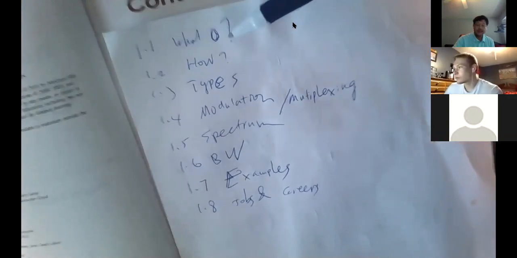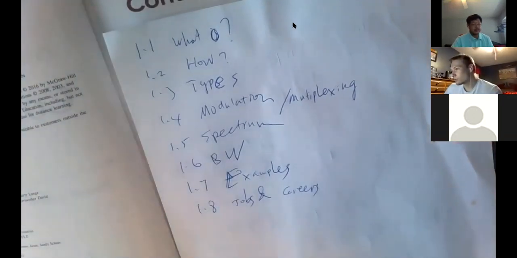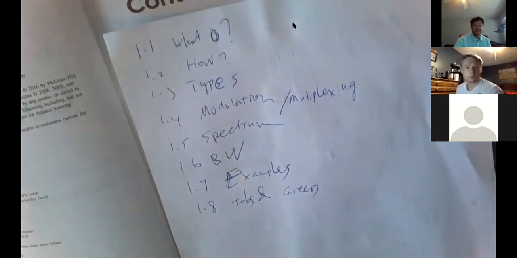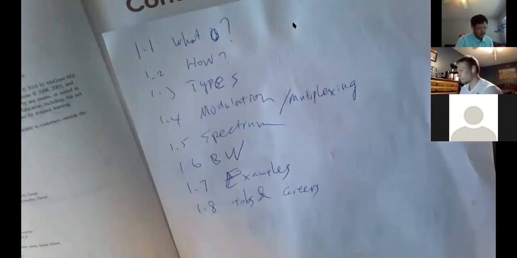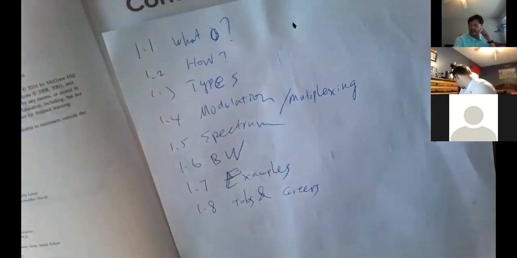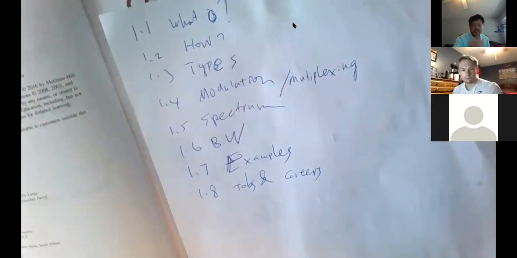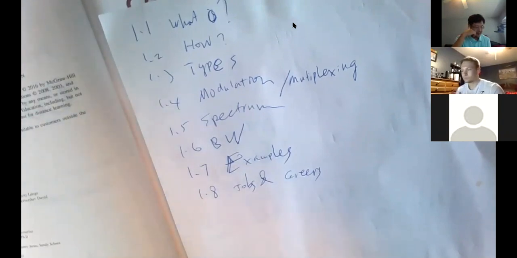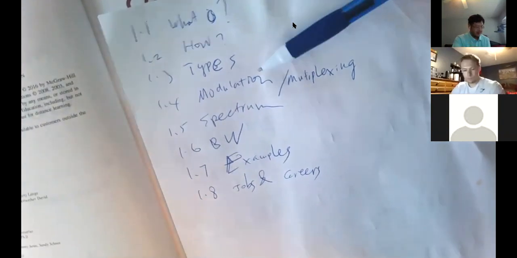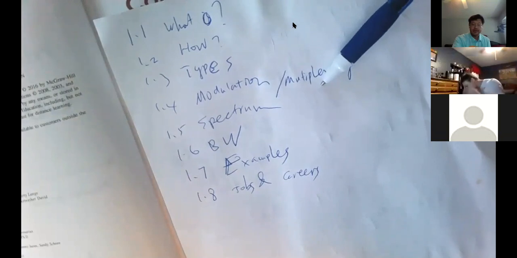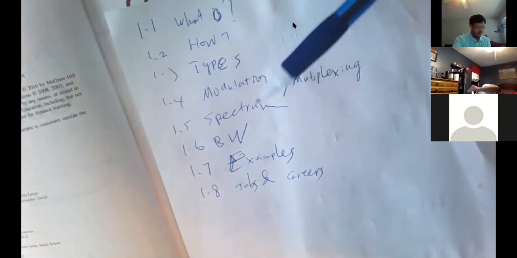First topic is what are we going to cover? What material? Second will be how do we do it? The technology. Third is, again, different types of communication. Then we followed by modulation and the multiplex. There's 2 different subjects.